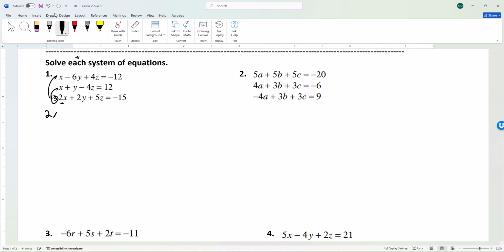So equation 3 with equation 1, and equation number 3 with equation number 2.